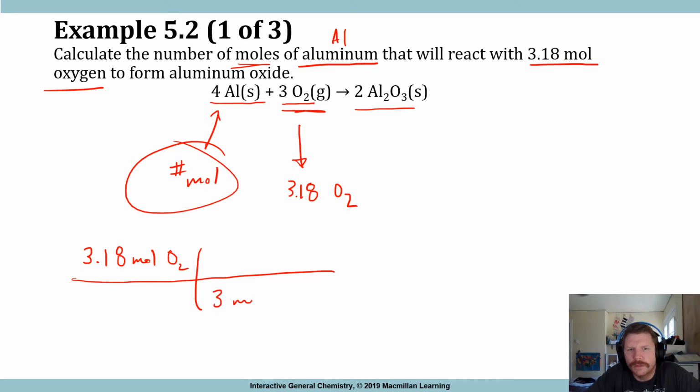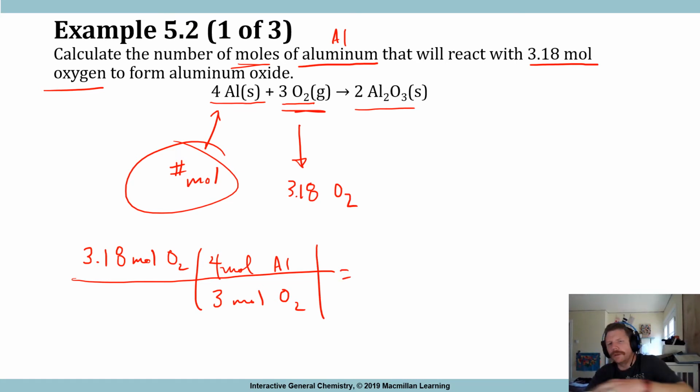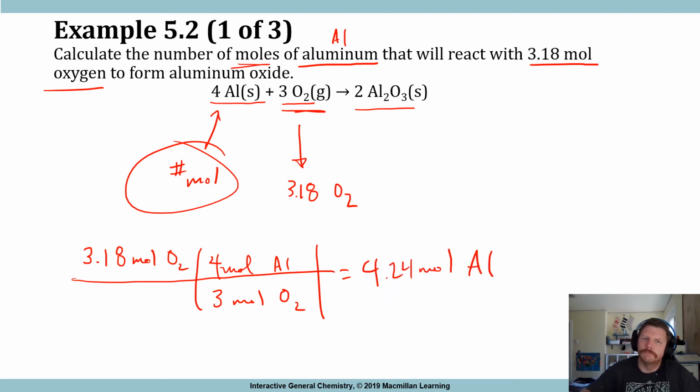Well, 3 moles O2 react with how many moles of Al? 4. And I'm going to use the calculator for this: 3.18 times 4 divided by 3 gives me 4.24 moles of Al.